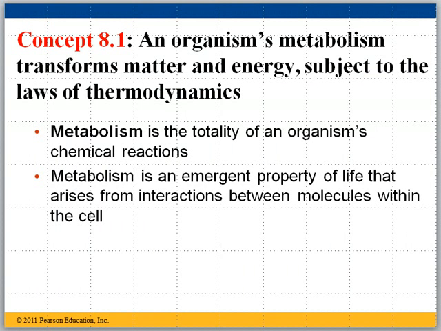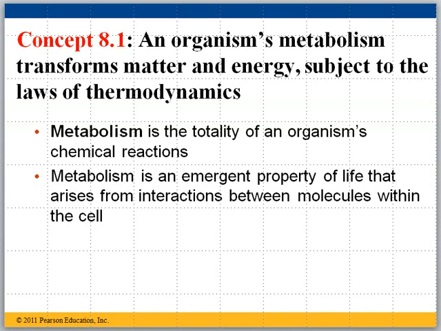Concept 8.1 says an organism's metabolism transforms matter and energy subject to the laws of thermodynamics. This chapter is interesting because it's talking about biology, of course, but it's also mentioning physics and chemistry. So we're throwing a whole bunch of science together. A quick definition: the word metabolism is basically the totality of an organism's chemical reactions. All the various chemical reactions that output energy and input energy, all that together would be considered metabolism.